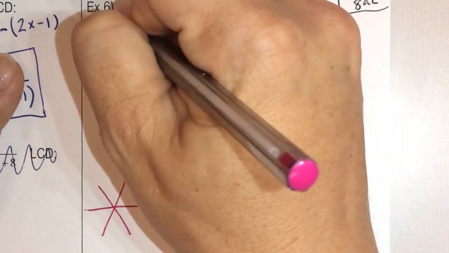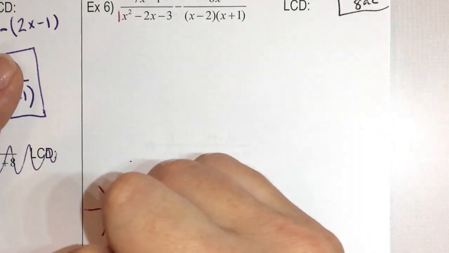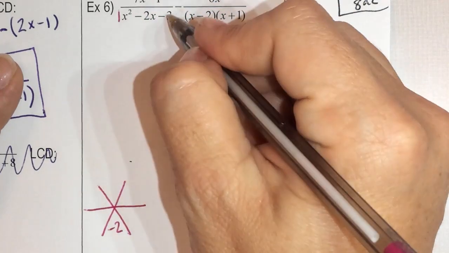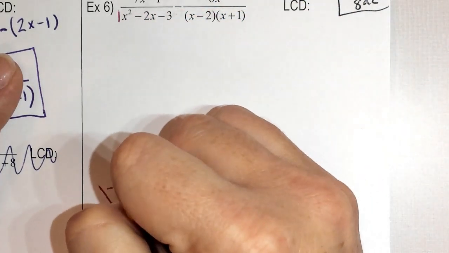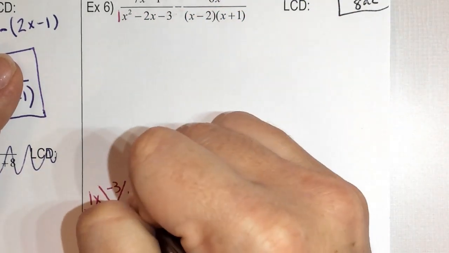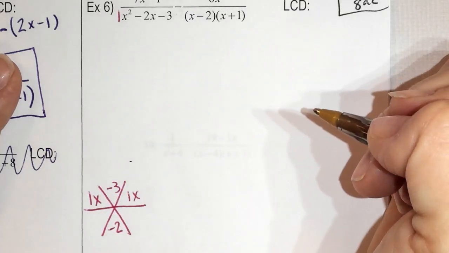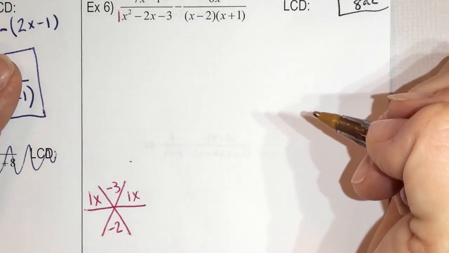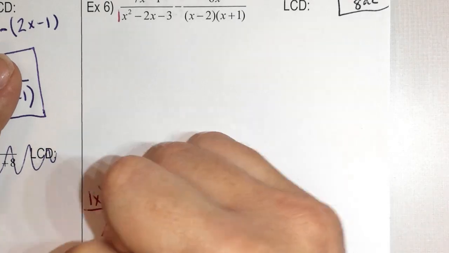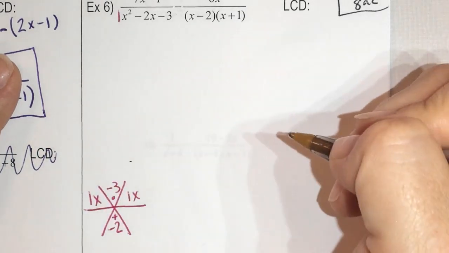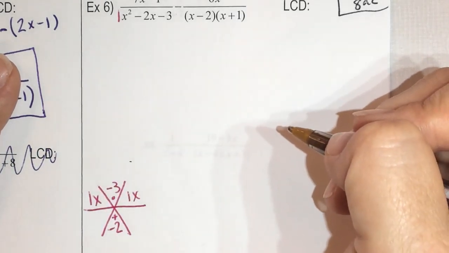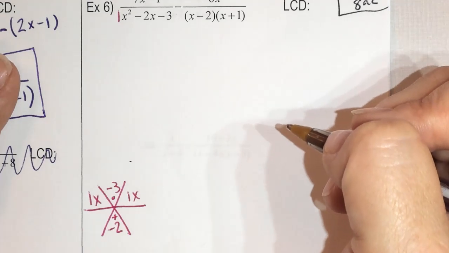And I know A is 1, B is negative 2, and C is negative 3. So A times C, 1 times negative 3 is negative 3. And A is 1, so 1x, 1x. What multiplies to give you negative 3 and adds to give you negative 2? Well, what multiplies to give you 3 at all? The only thing.